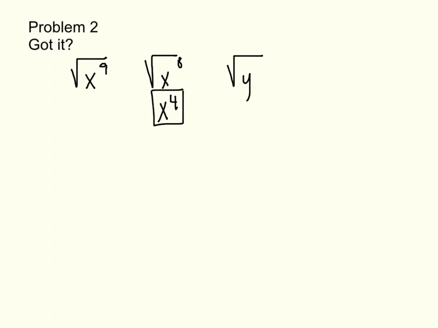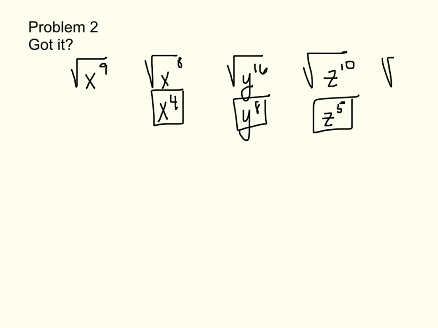The square root of y to the 16th would be y to the 8th. The square root of z to the 10th would be z to the 5th. The square root of, for example, x squared y to the 20th would be, sorry, the square root disappears.